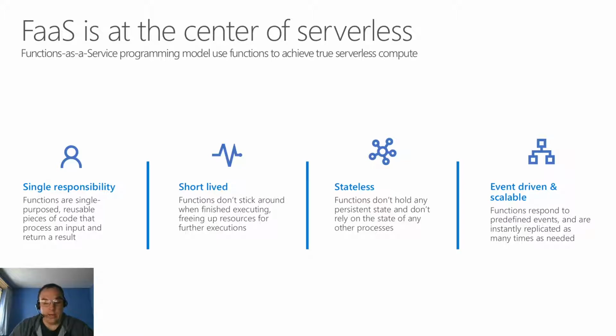You don't want functions that carry around a lot of historical data; that should be offloaded to database systems and the like. And they're event-driven and scaled by the amount of events they process. So we have events like HTTP triggers and all kinds of other triggers that can be the event triggering that function, and that also will indicate how fast or slow that function will have to scale.